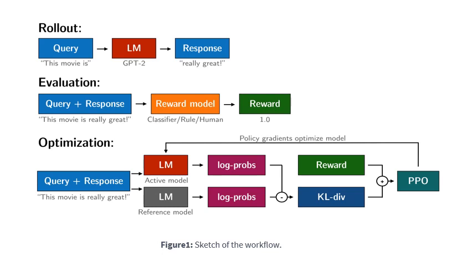Then we compute the ratio and give it to the KL divergence to understand how much this new policy generated by the active model deviates from the current policy, and along with the reward we give it to the optimizer, which gives feedback to the active model, and this process is repeated.